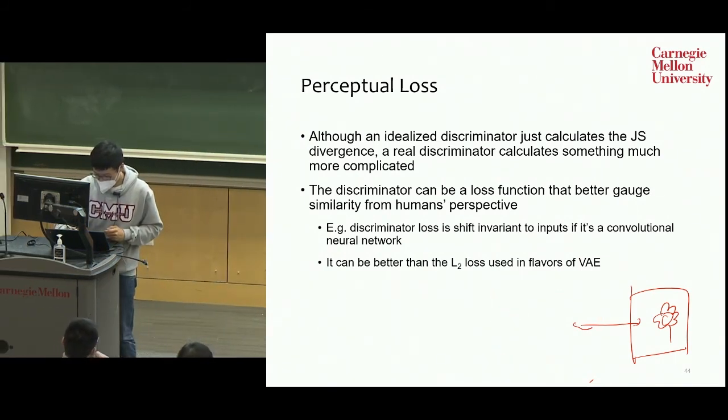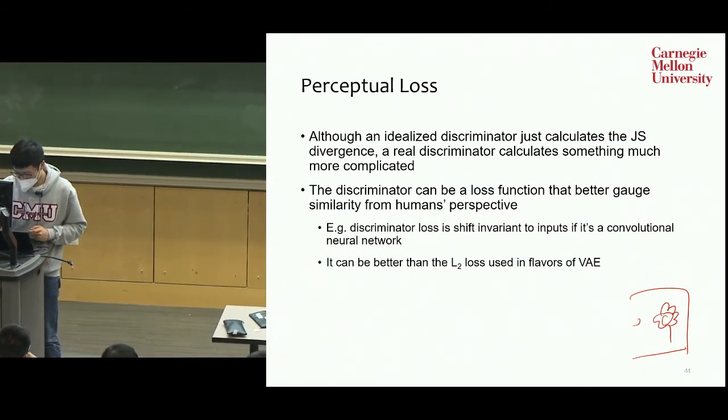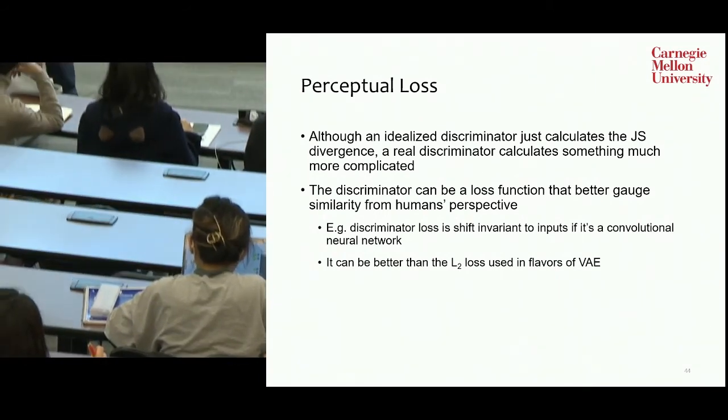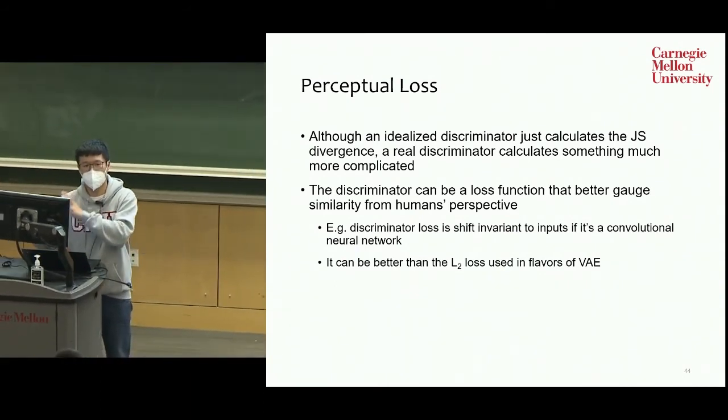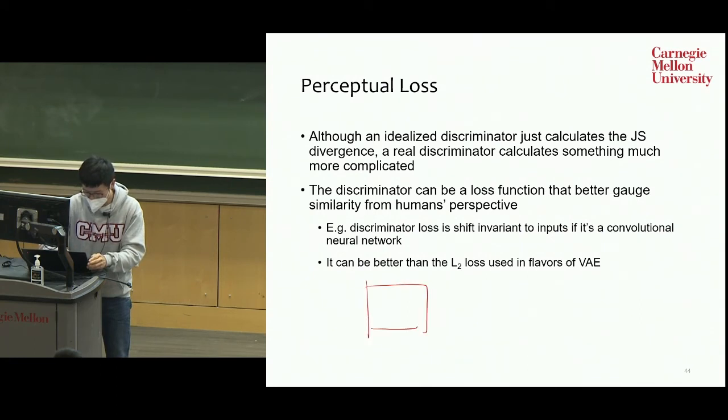Recall that in the very early slides of the theory part, we said that the discriminator can be thought of as a loss function for the generator. Your generator takes a latent vector and outputs an image that gets passed into a discriminator. Maybe let me put it down here.